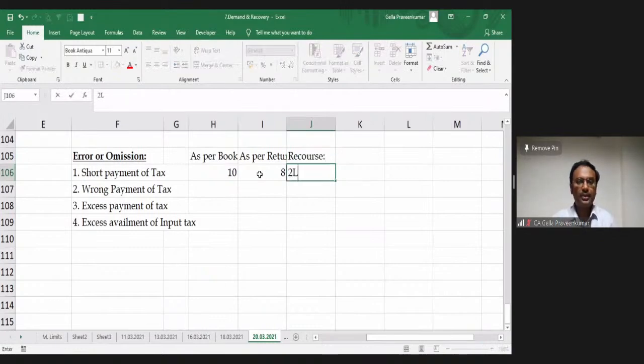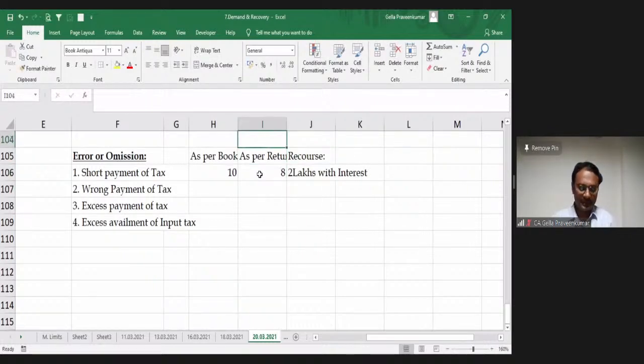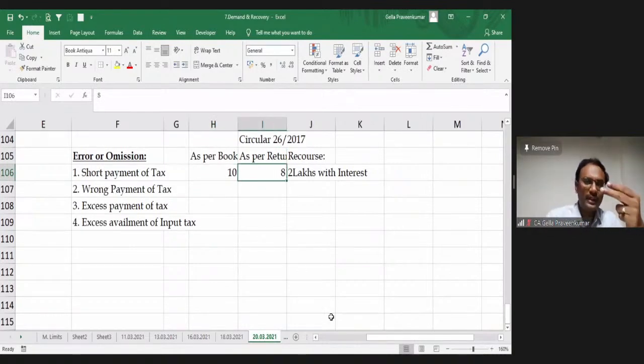You pay the 2 lakhs with interest. There is a circular, Circular 26 of 2017. You have to pay 10 lakhs, but you have paid only 8 lakhs. Whatever short you have paid, to the extent of 2 lakhs, you pay with interest in the subsequent period, that is April 2019 to September 2019.